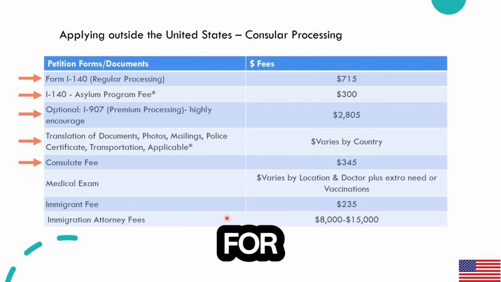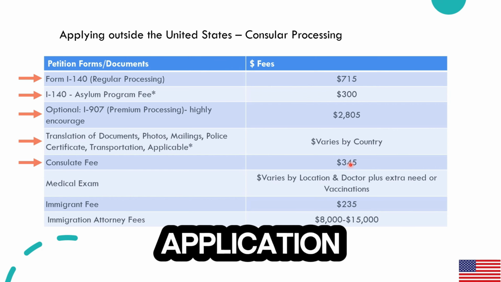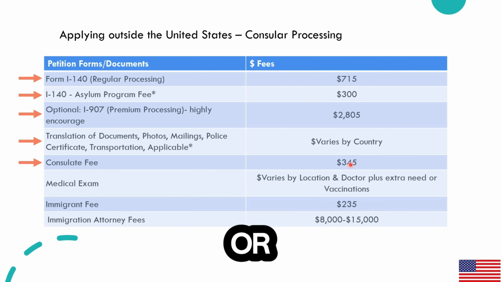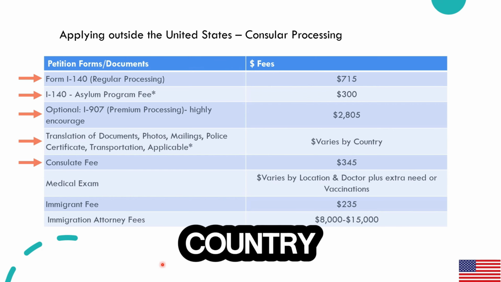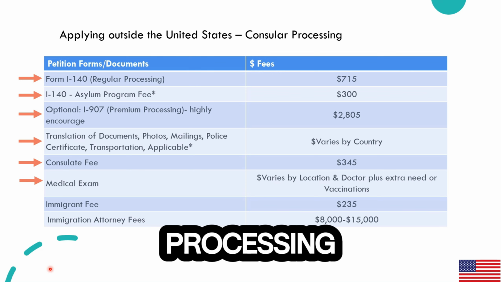When you are ready for consular processing, there is a consulate fee of $345, and this fee is required for processing your visa application at the US Embassy or consulate in your home country. Then, of course, there are always the medical exams, which are required for the consular processing.